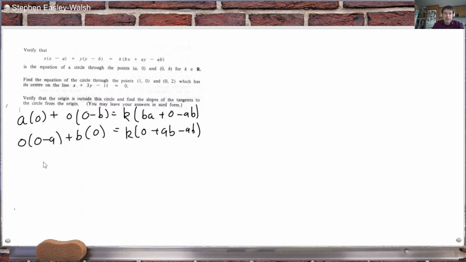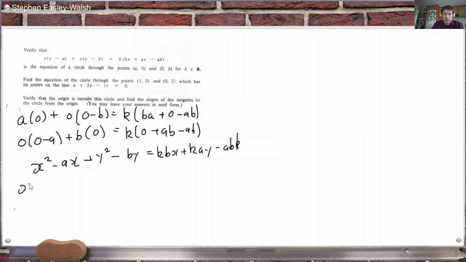And let's expand this. So we have x squared minus ax plus y squared minus by equals kbx plus kay minus abk.